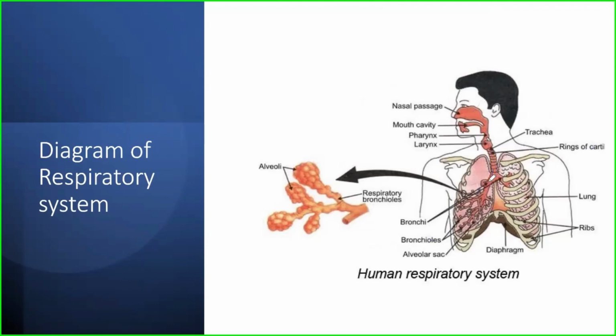Then air passes into the lungs through the bronchi and then to the bronchioles and reaches the alveoli. An alveolus is a balloon-like structure. Alveoli have a very thin wall structure and contain numerous blood vessels.